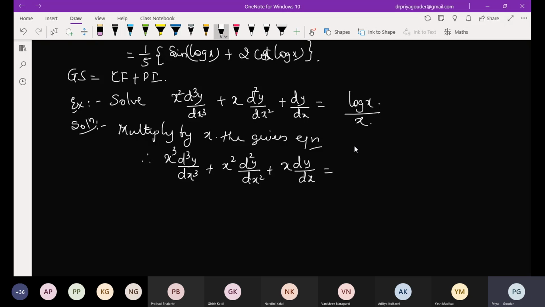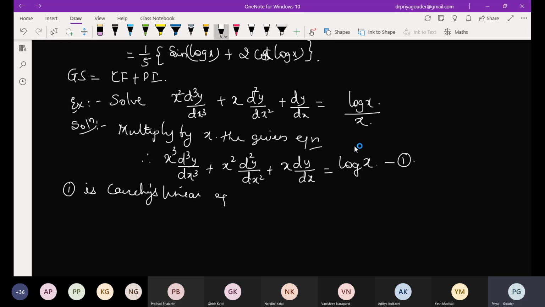Actually, if I take x here, it becomes x square. That was a fourth case, which is not there for your study. So I have taken it out, but please take it as divided by x. Now, is it Cauchy's? Yes, it is 100% Cauchy's linear equation.